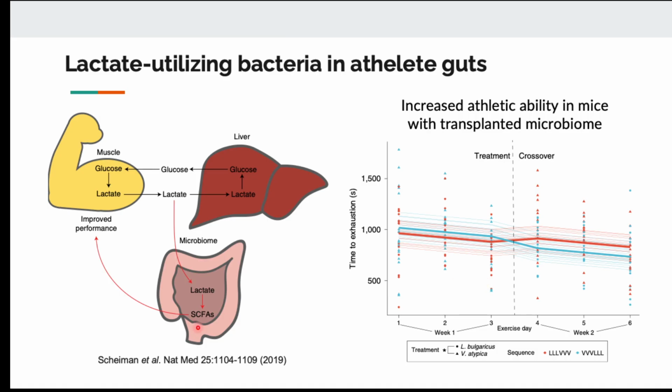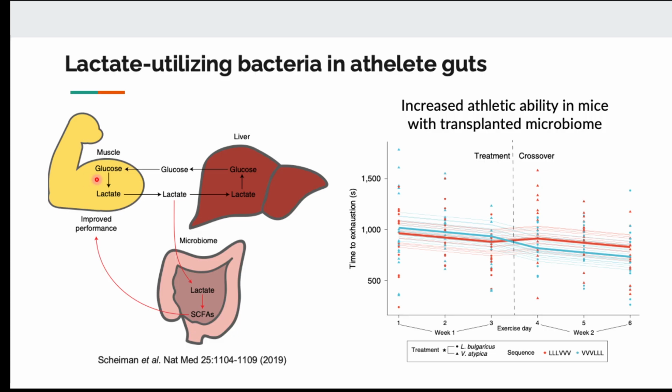And what they found is that people who are good at sports have certain bacteria that can utilize lactate. Lactate is what our muscle produces when we use energy. When we utilize glucose, we produce lactate as a product. And when bacteria in our gut can utilize lactate, these bacteria produce beneficial short-chain fatty acids, which our body can absorb and make our muscle perform better.